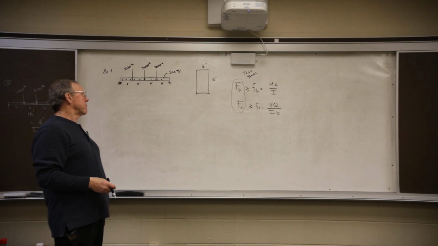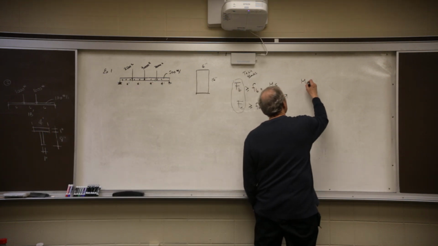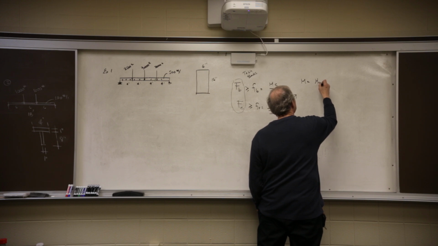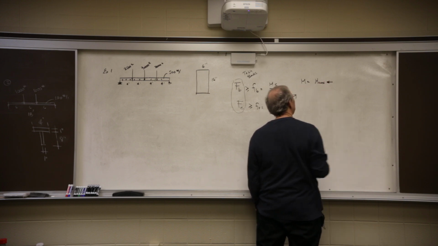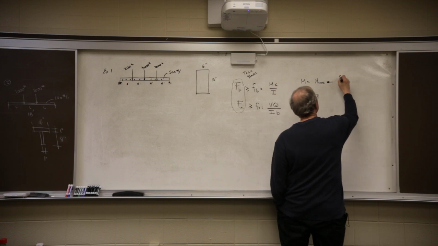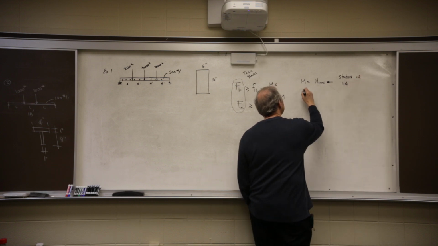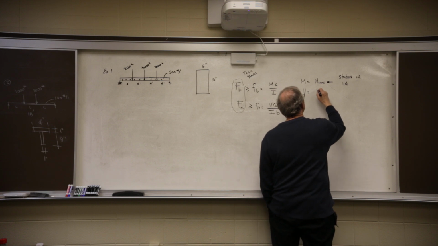What do I need? I need moment. M is moment. M max. You got two media to get this from. Draw the diagram based on statics, or go to page 114. V is shear. Maximum shear.